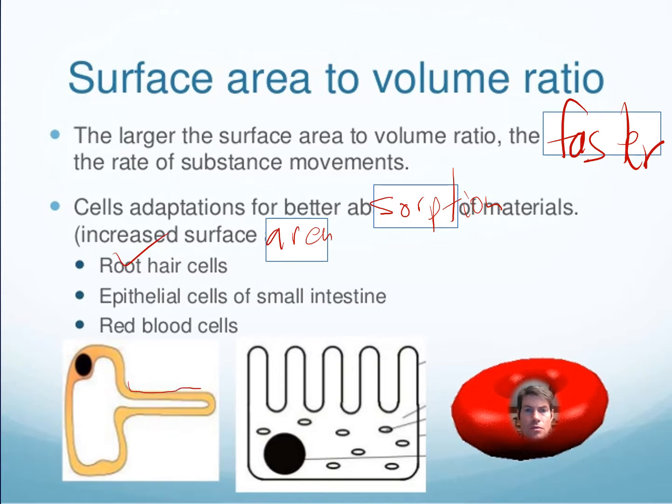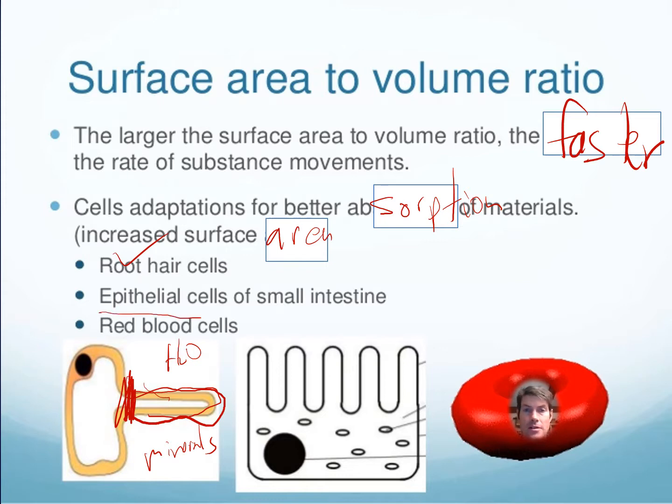Look at this. Woo! Instead of just going across like this, it has this long outward pocket. Look at all that extra surface area. That is extra surface area. That cell's going to be able to absorb water and minerals easier. Boom. Which the plant's going to need.